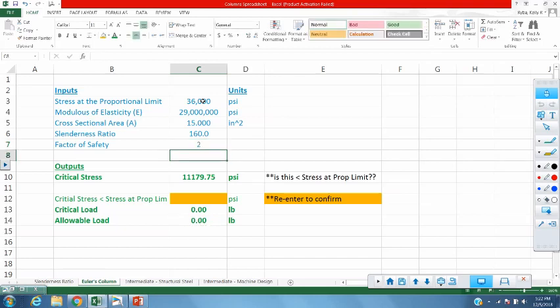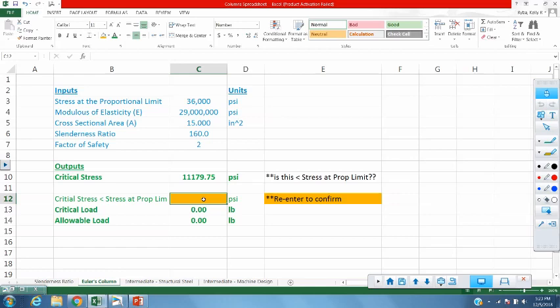So you'll notice that it automatically calculated for me a critical stress. This critical stress down here is 11,179. This is less than the stress at the proportional limit, so this is good. So now I programmed my spreadsheet so that I would have to input this below because I don't want to use that critical stress for my critical load unless it meets the qualifier that it's less than the stress at the proportional limit.